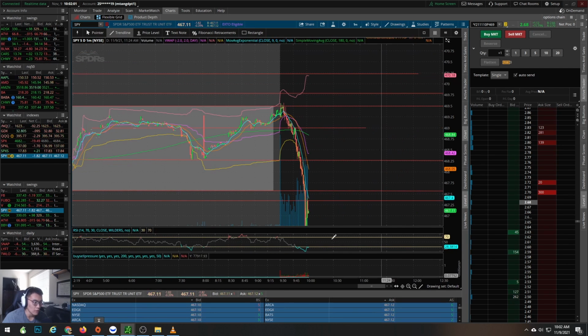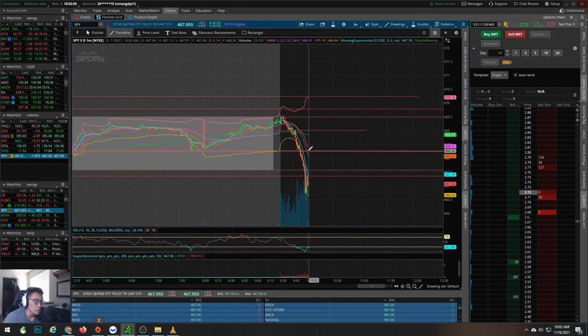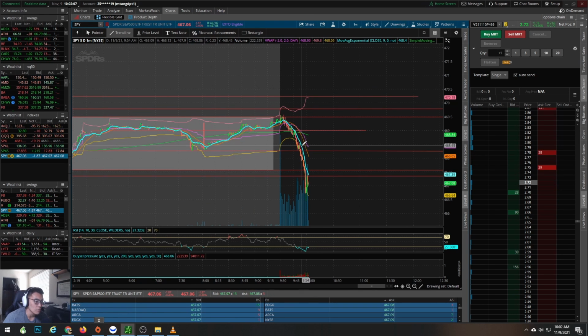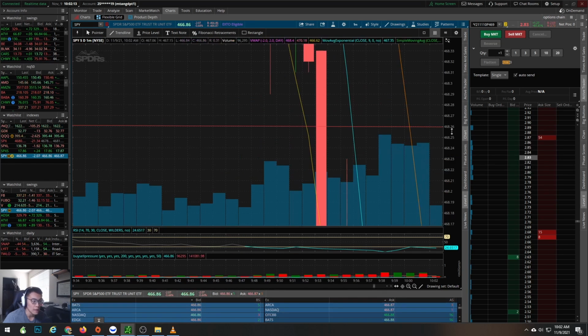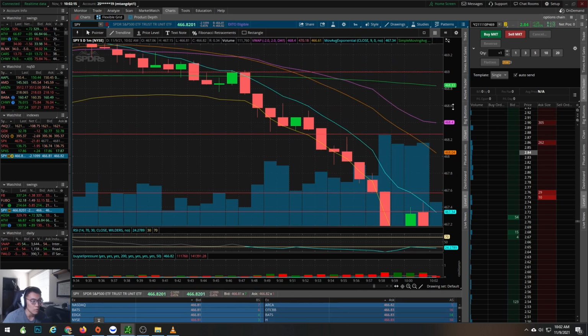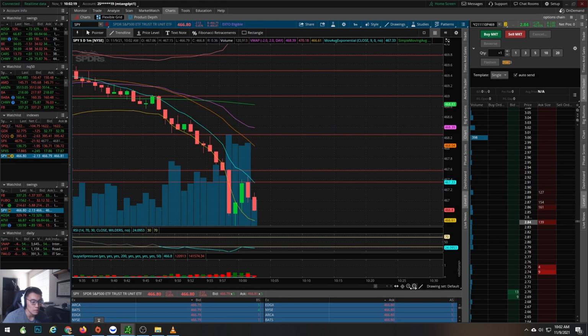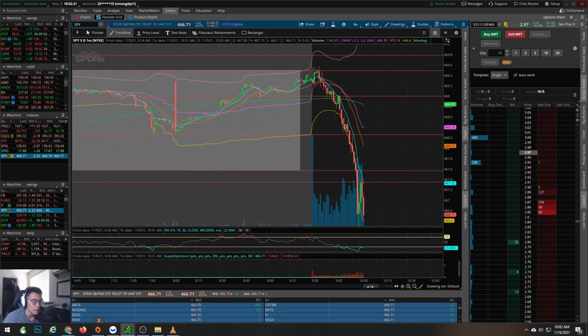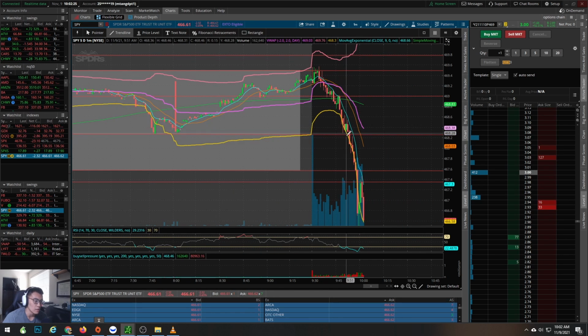Yeah, it looks enticing. It's like, oh, I should have held, but really there's no setup for me to get in. It would have just been me jumping in, following the trend and hoping it continues. And more times than not, it's a little false breakout, exactly what happened before, right? It does something like this and then reverses all the way. Part of the reason I was hesitant was because it was at the level here, so I wanted to make sure it continued to break.